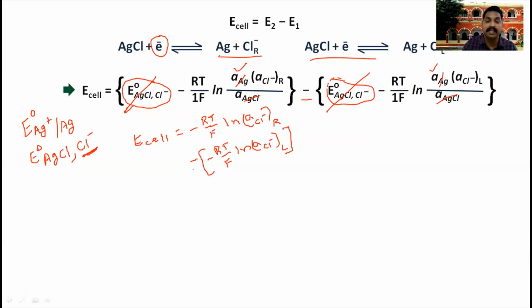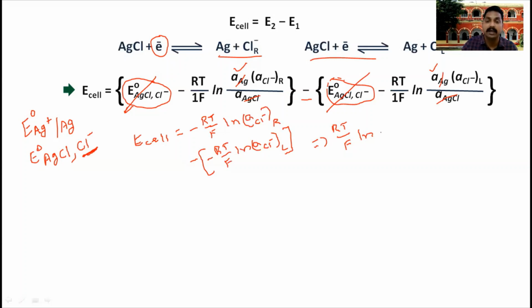So here minus into minus is plus and RT by F common. So what is left? That implies RT by F Ln, here activity of chloride ion on left hand side will have a positive sign because minus into minus is plus.